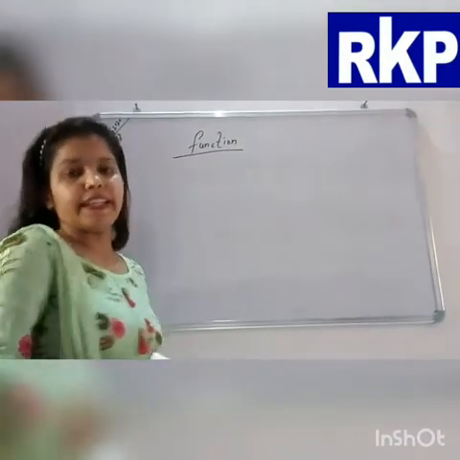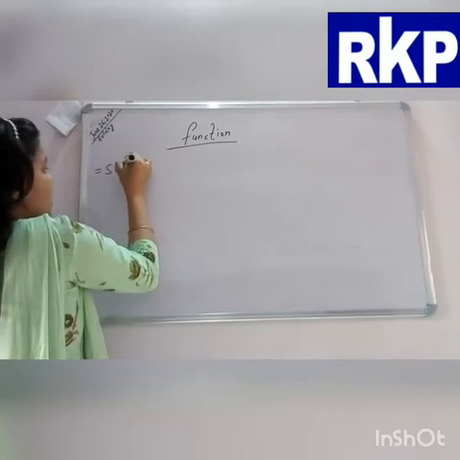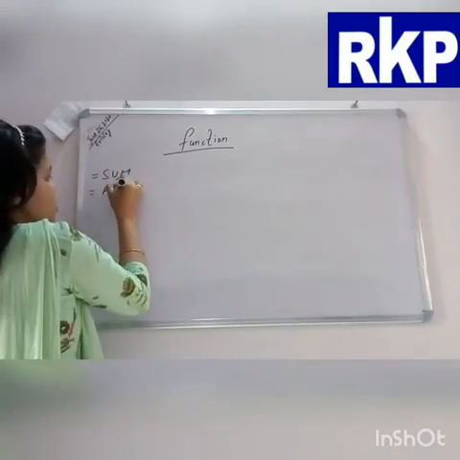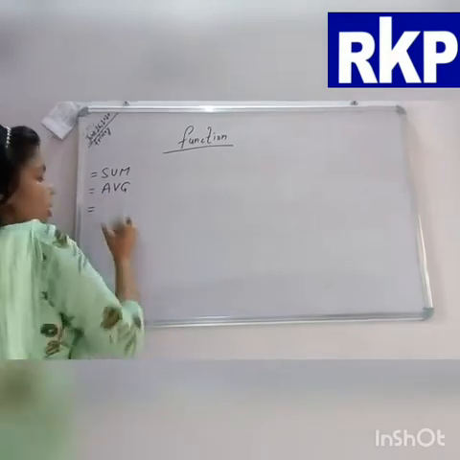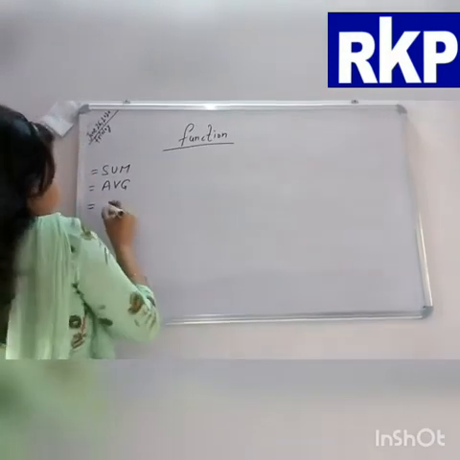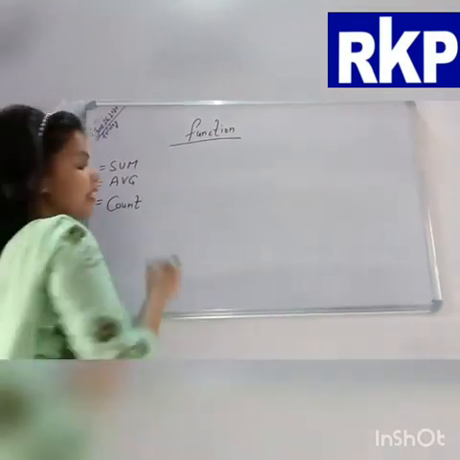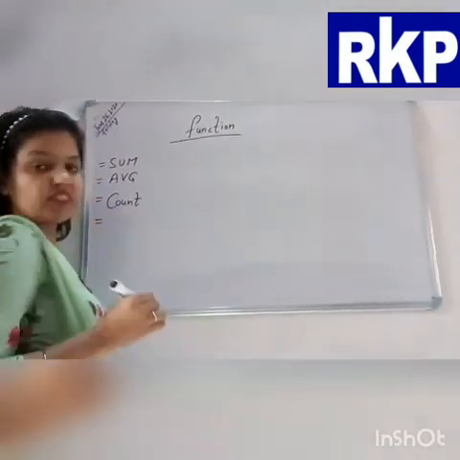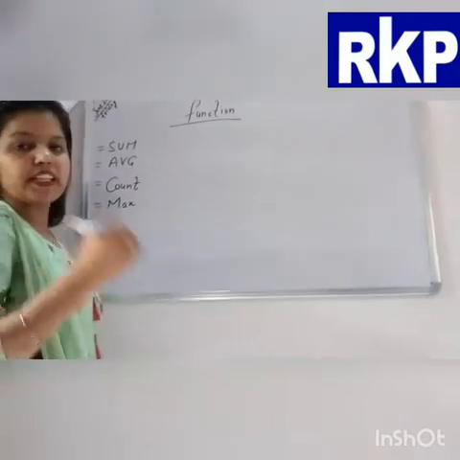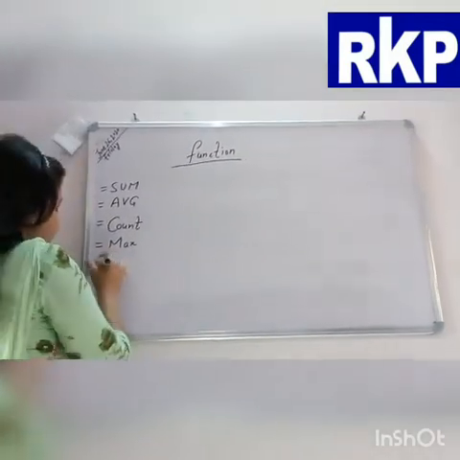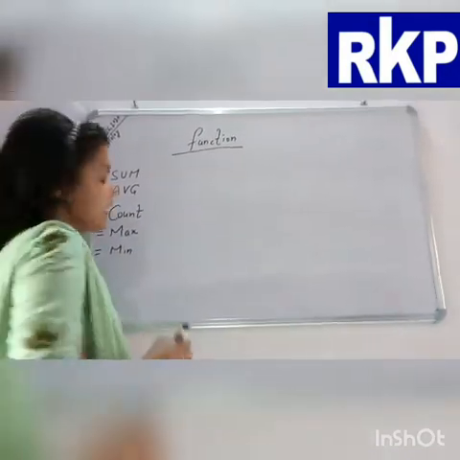Now come to the functions. I told you for addition there is some function. There are lots of functions, like sum is here to do addition of the numbers, average is here to find the mean value, then count is here to count the number of values present in the cells. Maximum function is here to find the maximum number from the list. Minimum function is here to find the minimum number from the list.